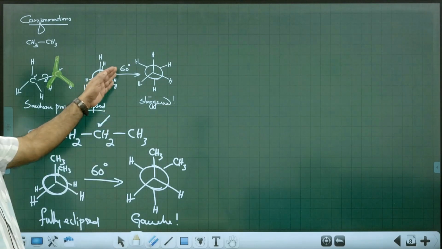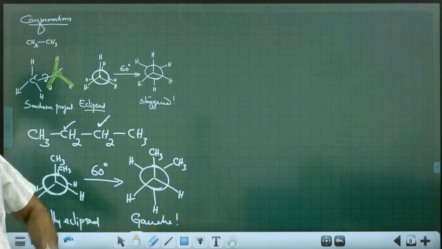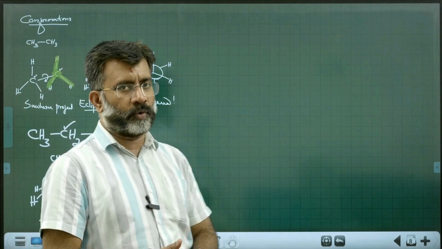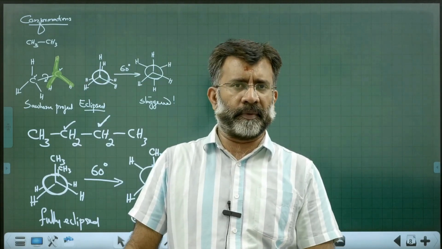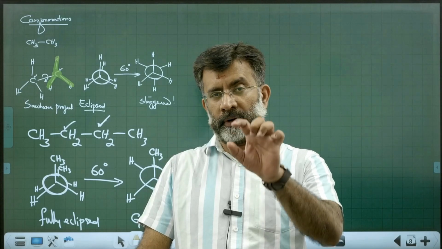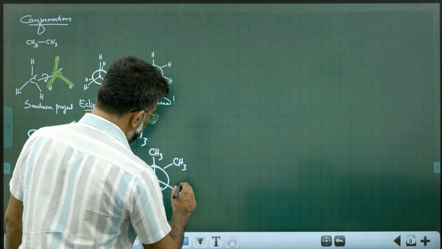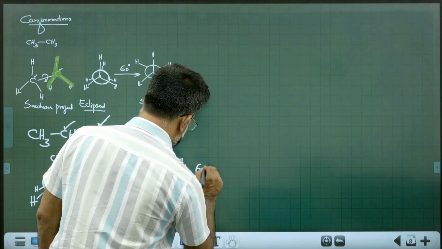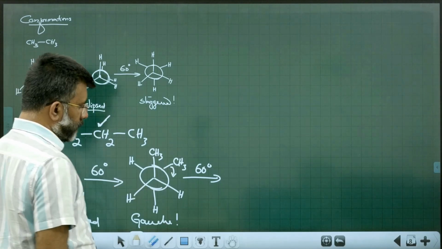Here we had only 2 conformations. Here we get extreme 4 conformations. Even though we say 2 conformations, 4 conformations, there are infinite number of conformations present. We are talking about extreme possibilities. Suppose the behind carbon along with the groups makes another 60-degree rotation.